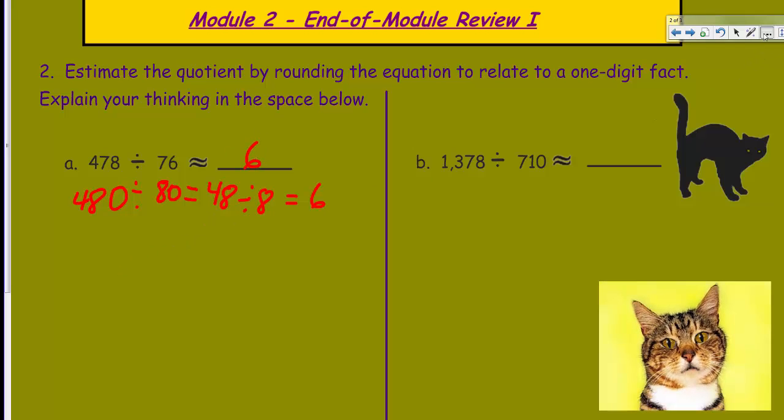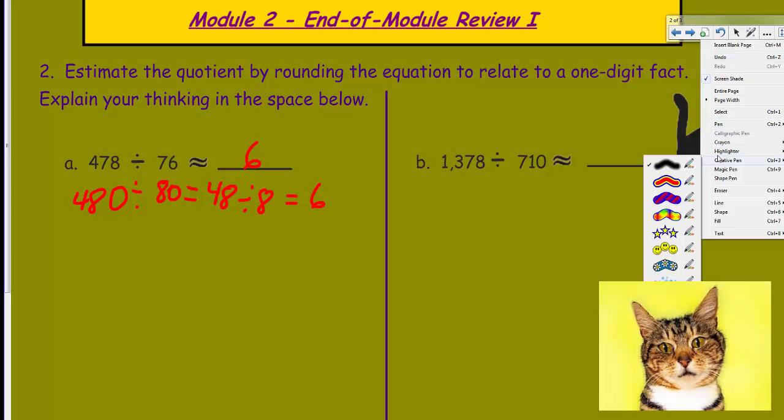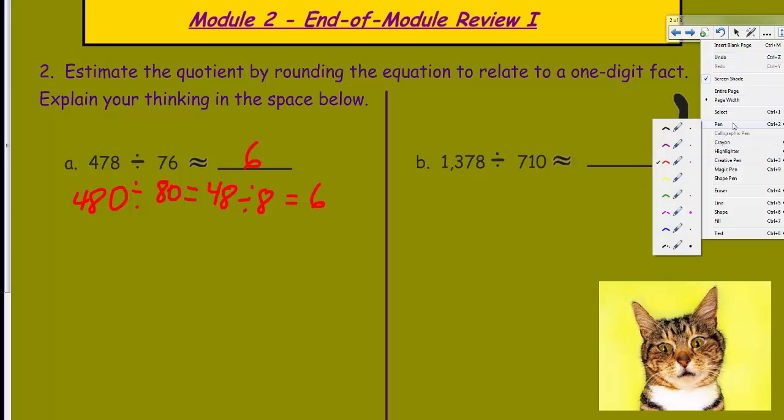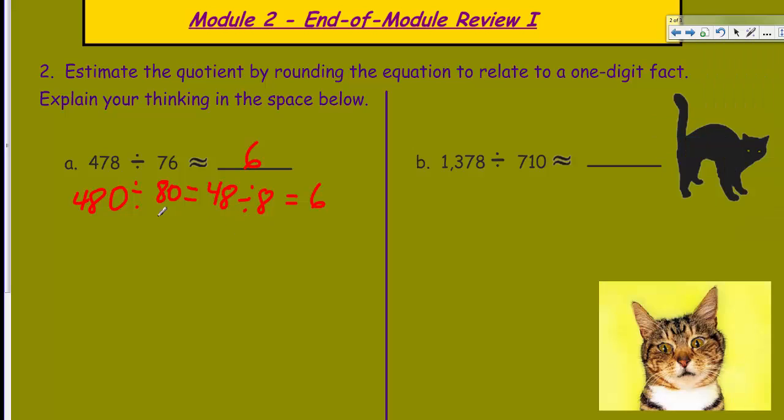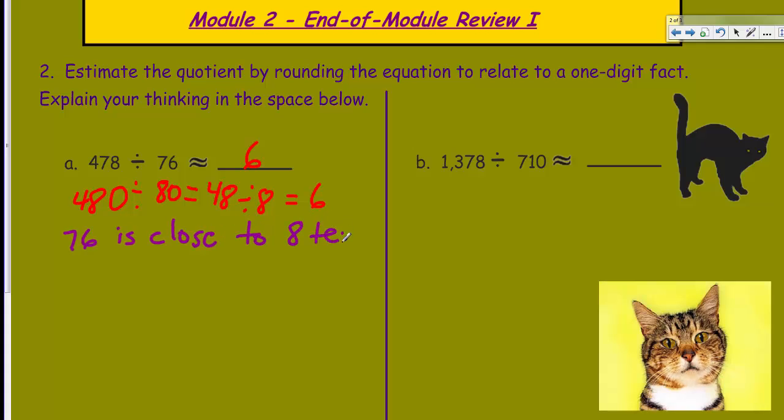So let's go ahead, because we're told that we have to explain your thinking. And explain means I have to do more than just this here. So I'm going to say that we started off by just saying that 76 is close to 80. We'll say 8 tens. We'll write it this way.